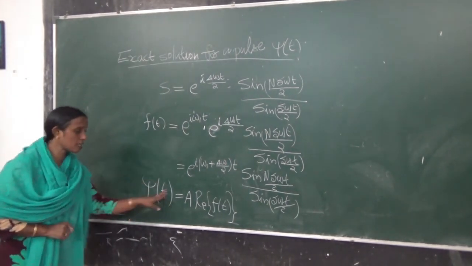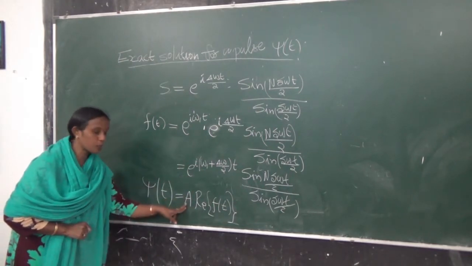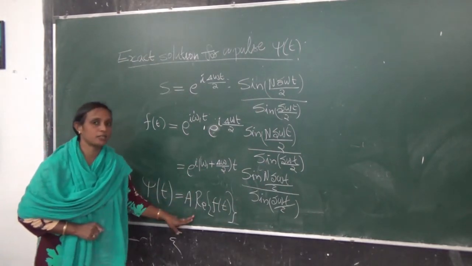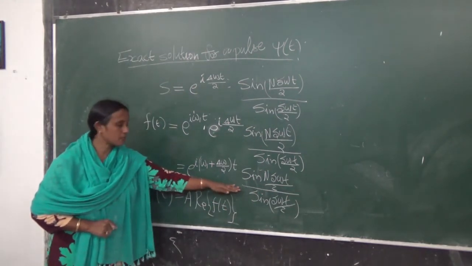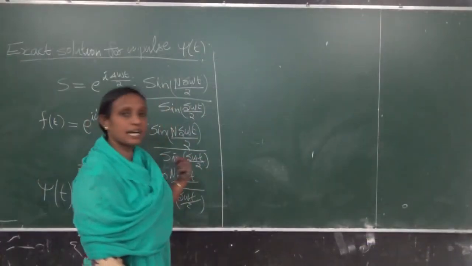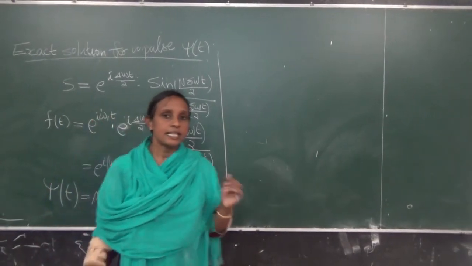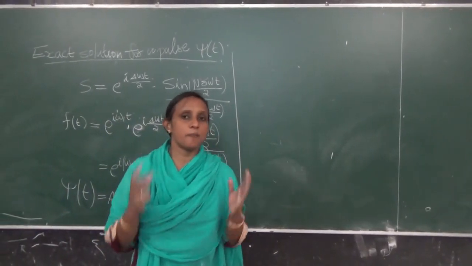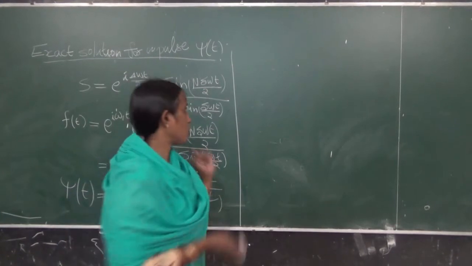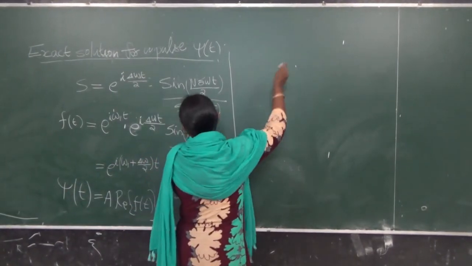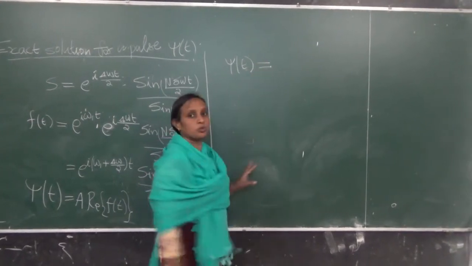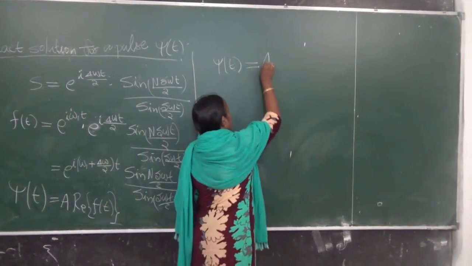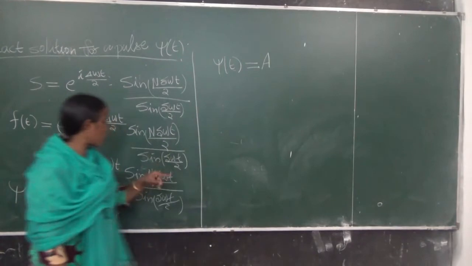That equation is equal to amplitude a into real part of f of t. f of t is given by this expression. So we can write psi of t equal to a into real part of f of t.